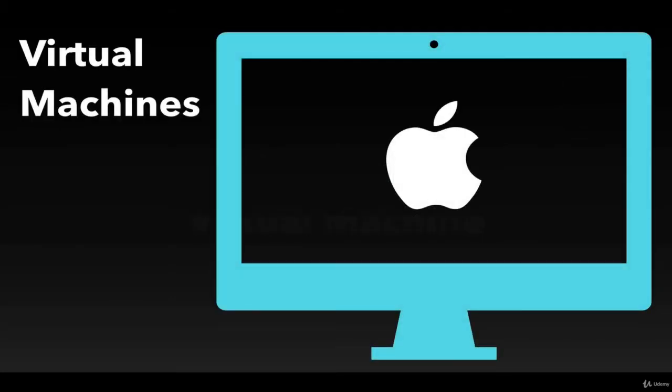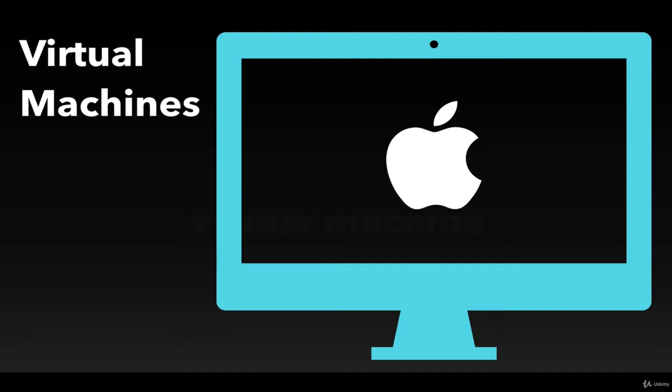So first, let's talk about what a virtual machine is. Some of you might have familiarity with using a virtual machine and may not even know it. A virtual machine is when you simulate a computer, a machine, inside of your computer. Pictured here is an ordinary iMac, a silhouette of an iMac with an Apple logo. Now, suppose you need to run some Windows software, as many people often do.